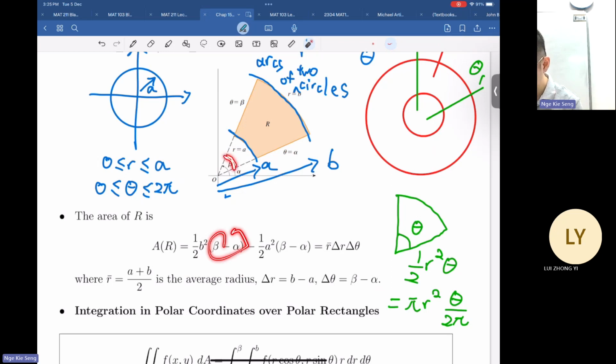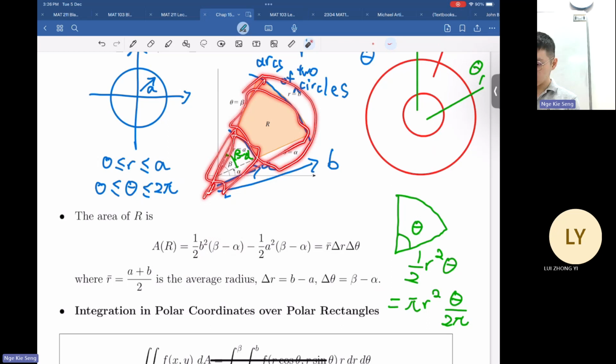Let me label it. So this angle here is called beta minus alpha. You need to take the outer sector minus the inner sector to get this cutoff sector here. Does it make sense?